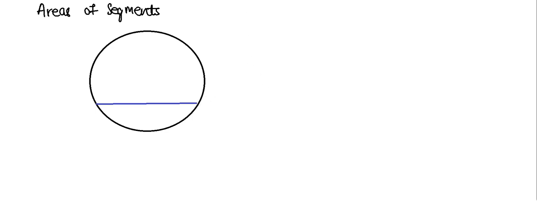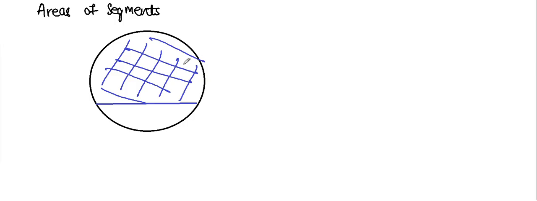Okay? Now, if I was to shade this segment, this is generally the major segment, okay? Now, I want to find the area of this segment. How would I do that?